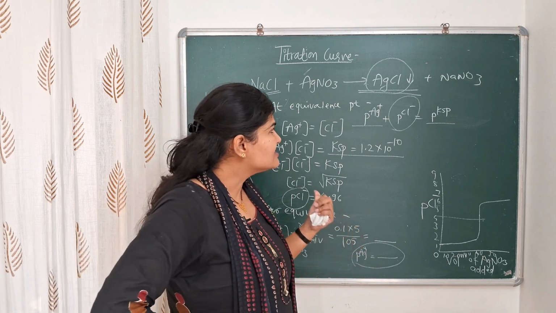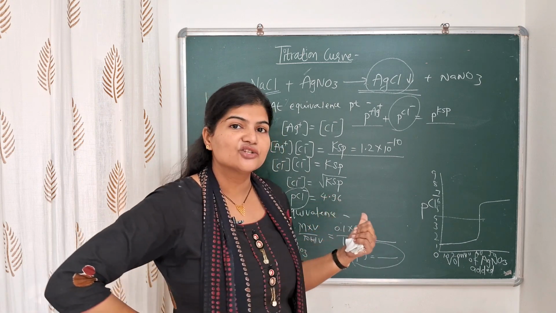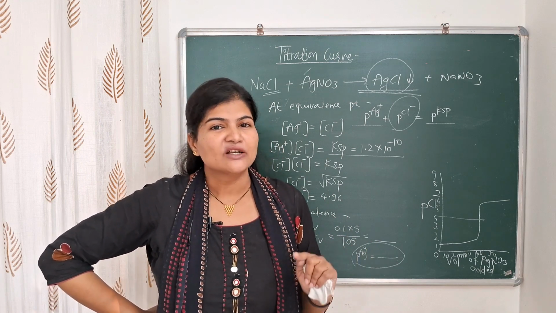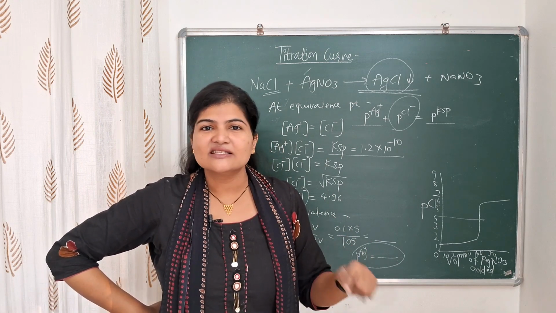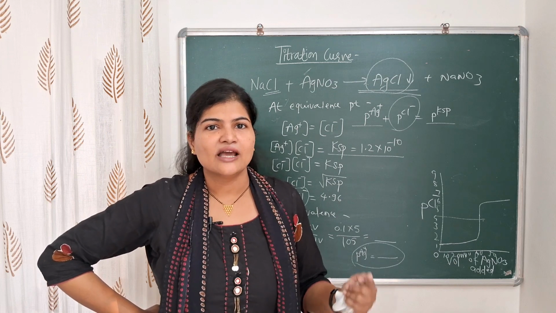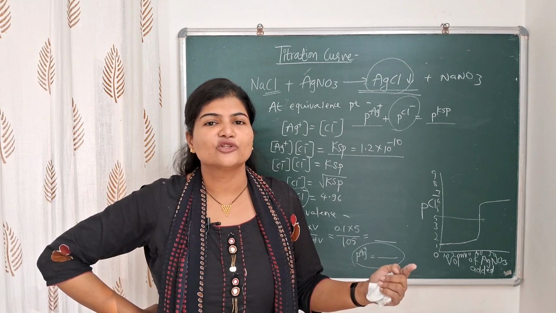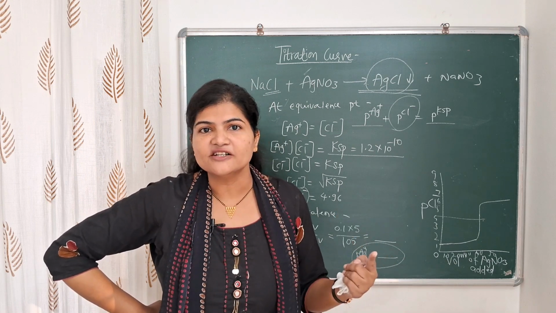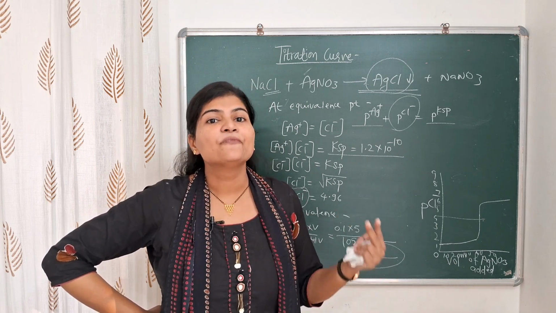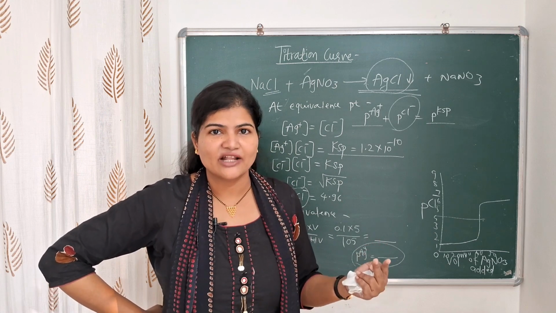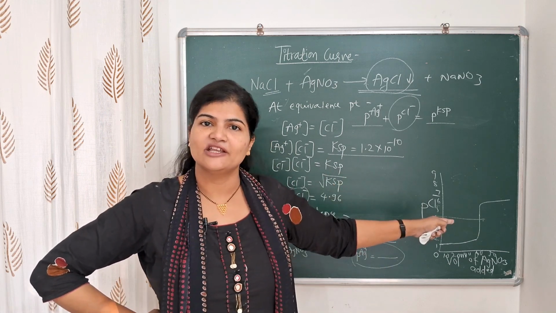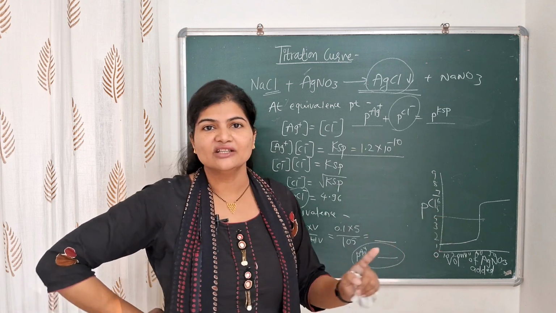Then what you can consider for a precipitation titration is to select a salt whose Ksp value is small. Smaller the Ksp, easier it is to exceed the value and easier it is for the precipitate to form and go to completion. So go for concentrated solutions and choose a salt with a smaller value of Ksp, and then you will get accurate and sharp endpoints in the precipitation titration.